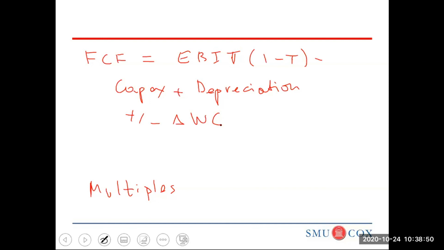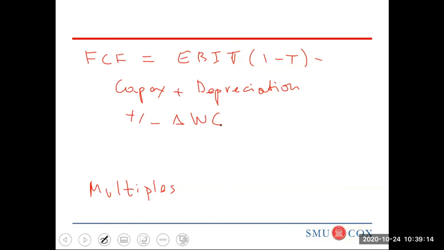And then the last one is a little bit tricky, change in working capital. So we have to be familiar with the working capital concept. Do people know what that is? Does anybody want to volunteer what working capital is? Current assets minus current liabilities from the balance sheet. Right. So it's fairly simple.